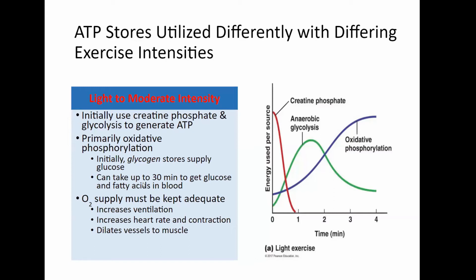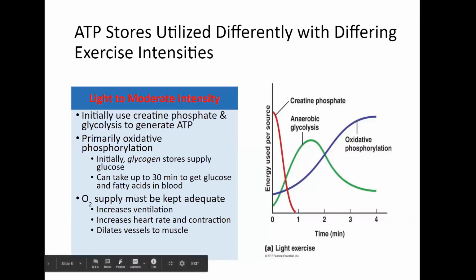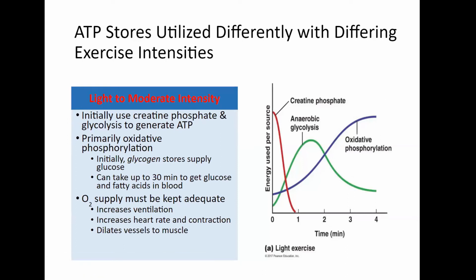So we're going to be trying to force more blood through more quickly. We're also going to be dilating our blood vessels that go to our muscles, because as we'll see as we move into the cardiovascular system, when you increase the diameter of things, you basically increase the speed with which blood can get to those tissues.